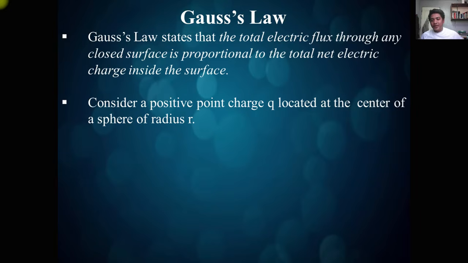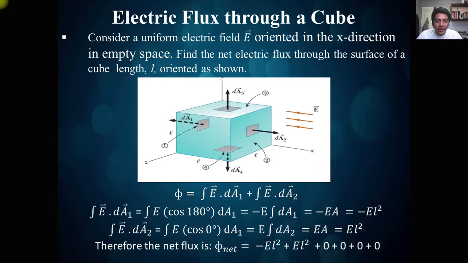Gauss's law states that the total electric flux through any closed surface, or Gaussian surface, is proportional to the total net electric charge inside that surface. So if you don't have any charge inside the surface, then the electric flux is zero, just like what I showed you a while ago in the cube.